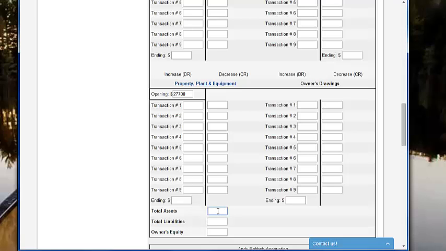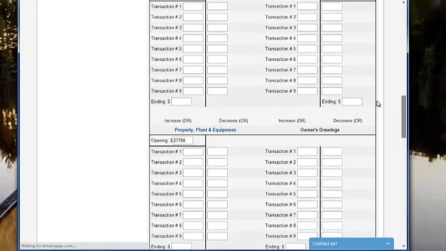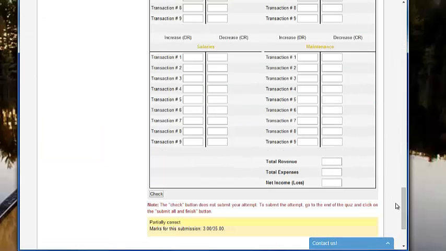If we add up those three assets, we get $55,600. Now let me see if I check. Whoa.